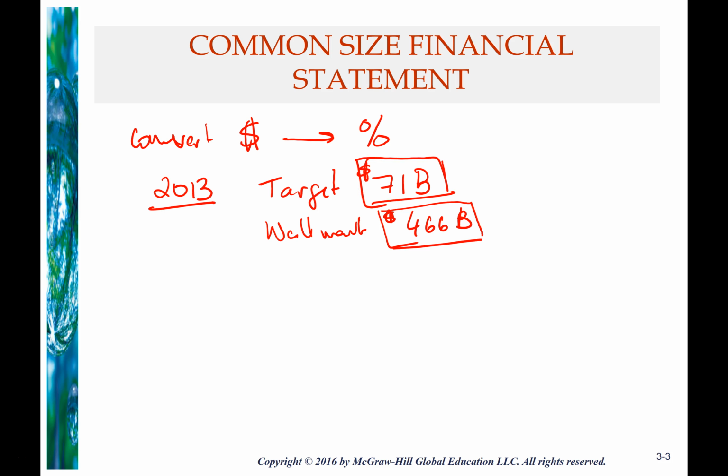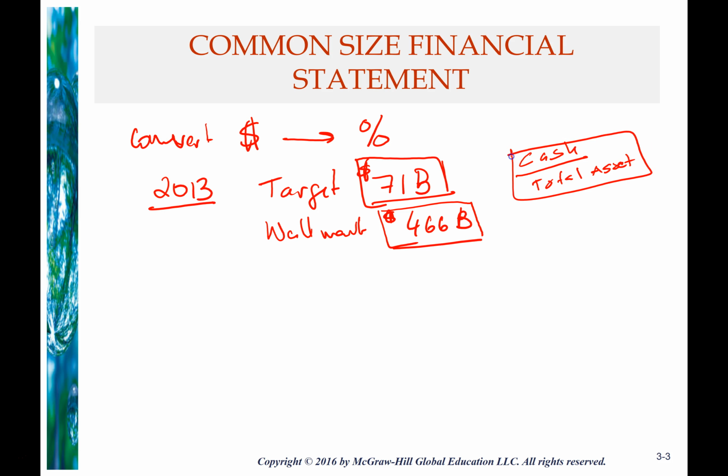In order to have an educated decision or educated statement about the performance of these two companies, you need to convert the dollars into percentages. So if you're looking at your balance sheet and you're looking at cash, it will be cash over total asset, right? That's for your balance sheet.